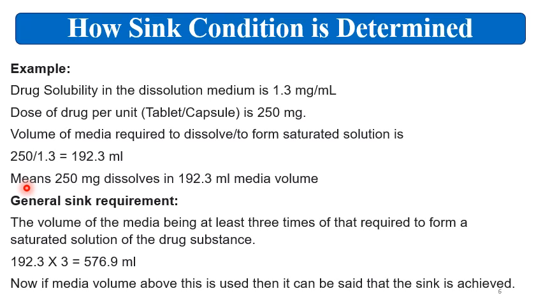Now if you want to calculate how much is required for the sink condition, you simply multiply the saturation volume by 3. You will get the sink volume in which the sink conditions will be achieved. And if a media volume above this is used, then it can be said that the sink condition is achieved.